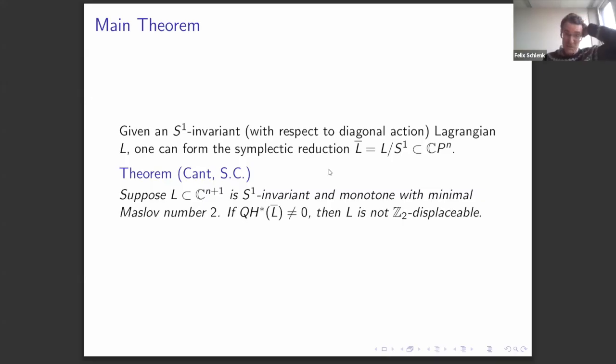I think Dylan wanted to say something. Please. So if I slightly perturb the torus to be non-monotone, like I take a product of two disks with unequal factors, then it will be equivariantly displaceable. I see. You can actually even do it displaceable in the reduction.